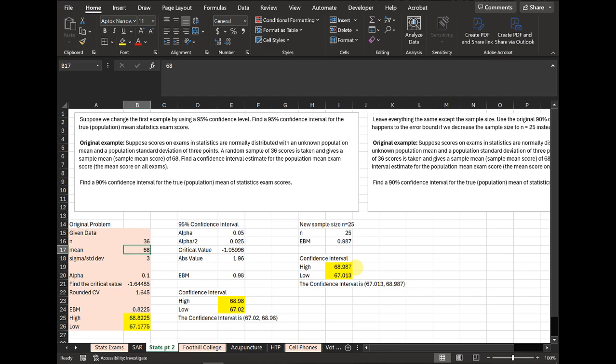And it's up to you as to how refined you want to make it. With our original problem, we were 90% confident that the true population mean fell somewhere between 67.1775 and 68.8225.